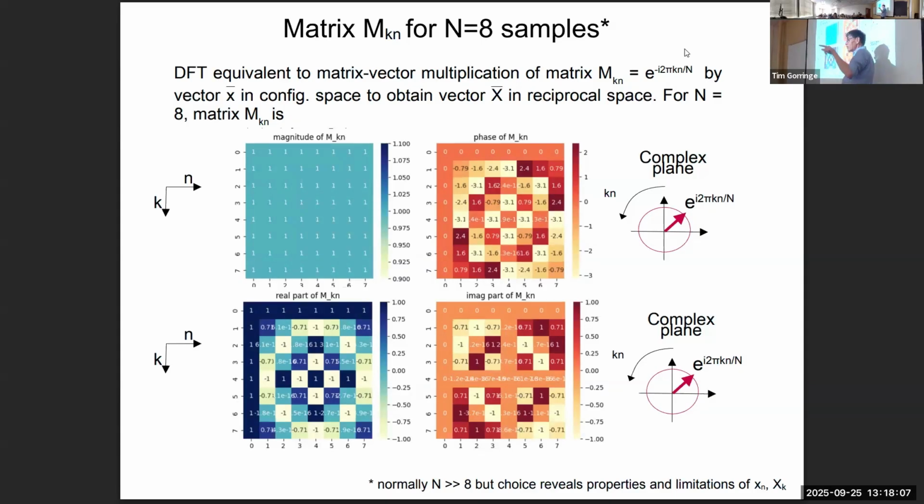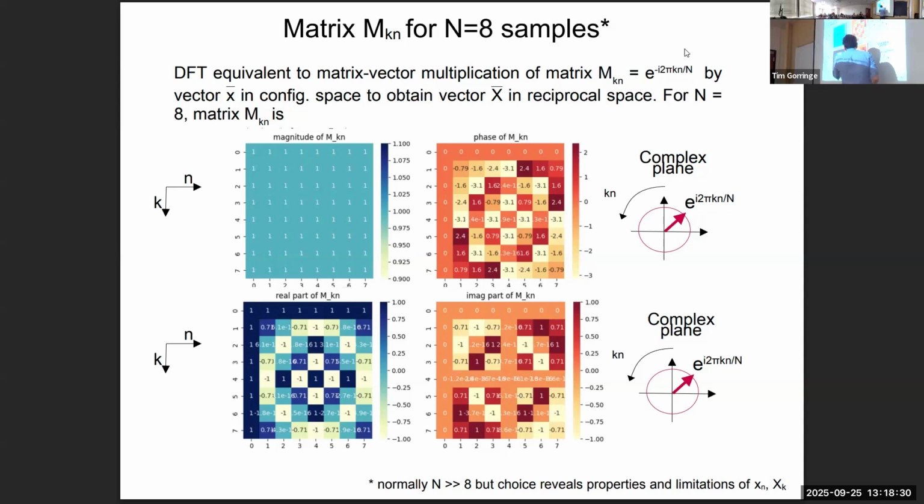So that's the change in the phase that's occurring when you think about the exponent again, the exponential. It's i 2 pi lowercase n lowercase k over uppercase N. So the values of n and k are going to change the phase, and that's what's happening here.